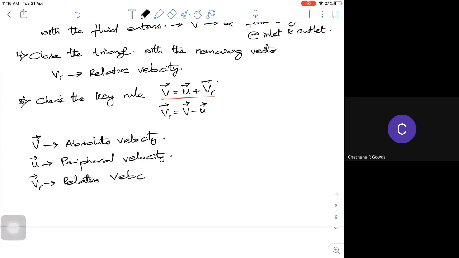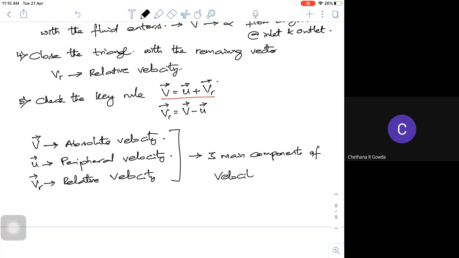These are the three main components of the velocity triangle.